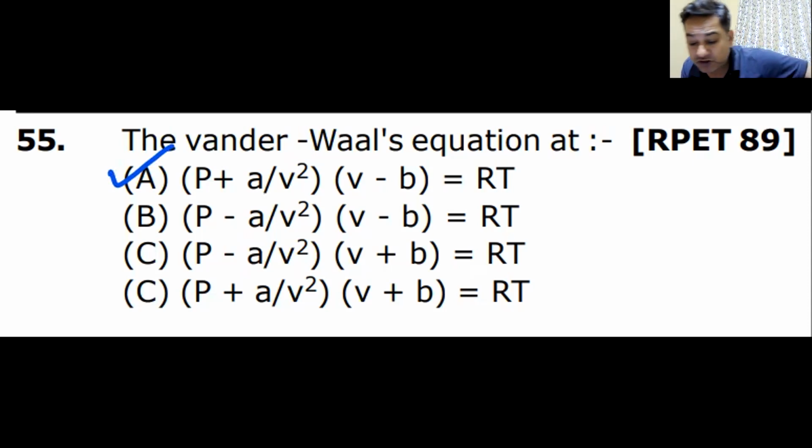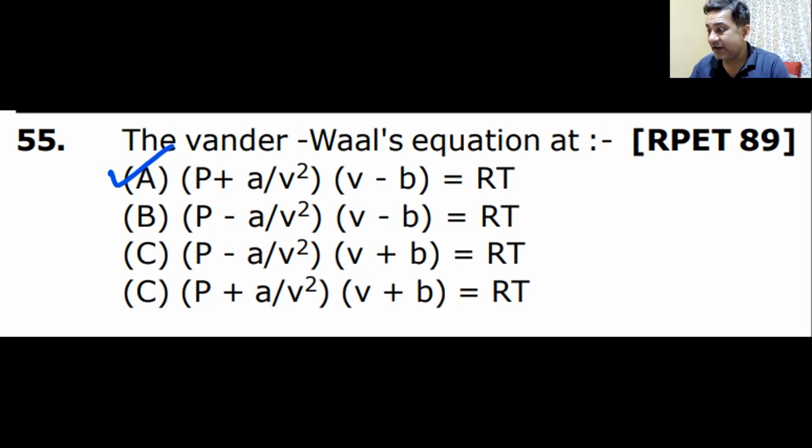A and b are Van der Waals constants. That is equal to RT. That is how the equation is written. Please note it down. Physics and chemistry both common. So remember it. It is valid at all temperatures and all pressures.